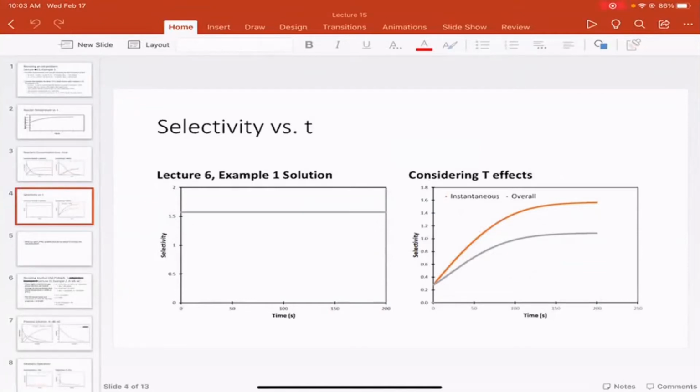You can see that nothing that we did in lecture 6 really holds when you take this thermal drift, or the time that it would take to heat up the reactor, into consideration.